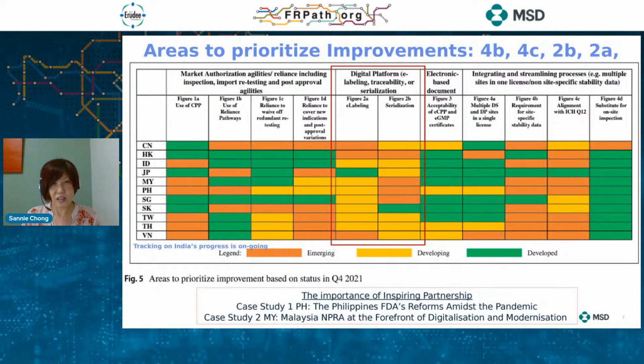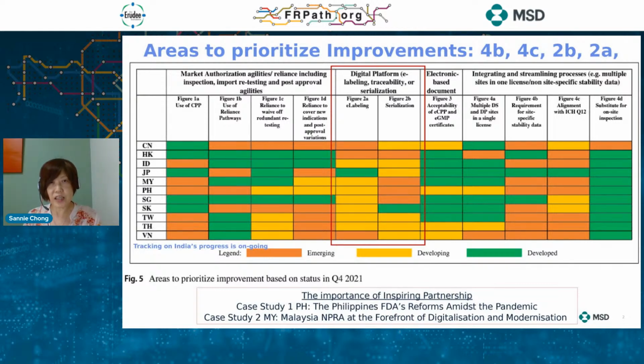So there you go. A very colorful table you see here. On the left, you see the economies, beginning with China, CN, Hong Kong, Indonesia, Japan, Malaysia, Philippines, Singapore, South Korea, Taiwan, Thailand. We didn't manage to include India's progress in time for this paper's publication, but we are certainly tracking India's progress in terms of regulatory agility.